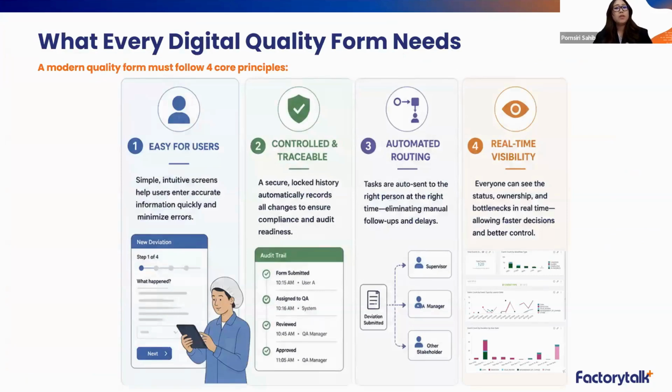A successful digital quality form should make work easier, improve compliance, and help teams respond faster. These are four core principles. First, it should be easy to use. The form should guide the user to enter the right information quickly and accurately, reducing training time and minimizing errors.